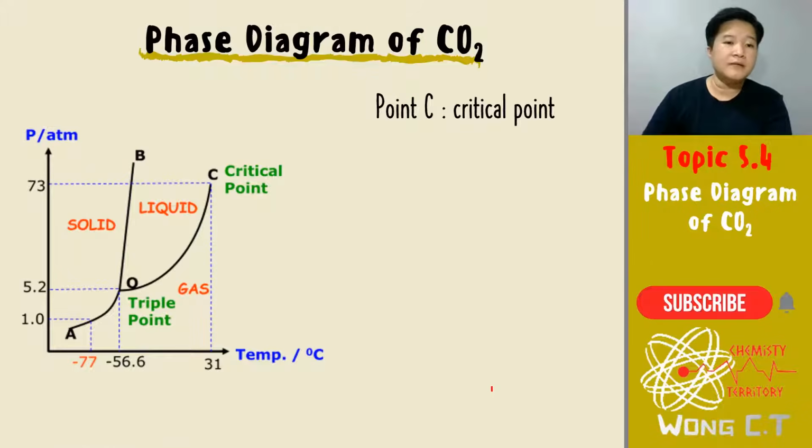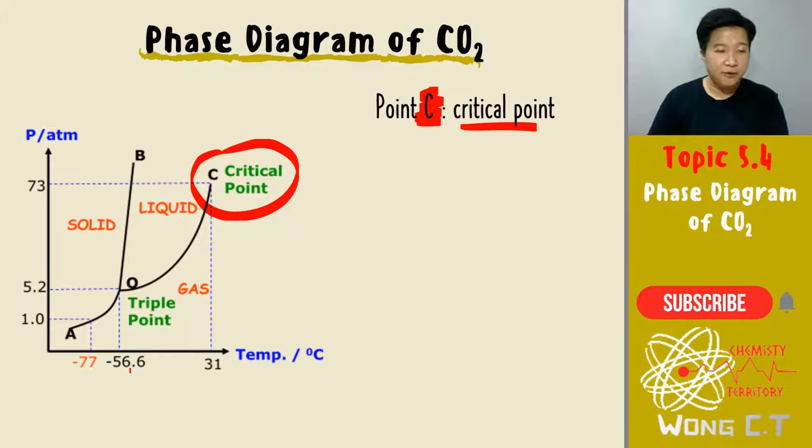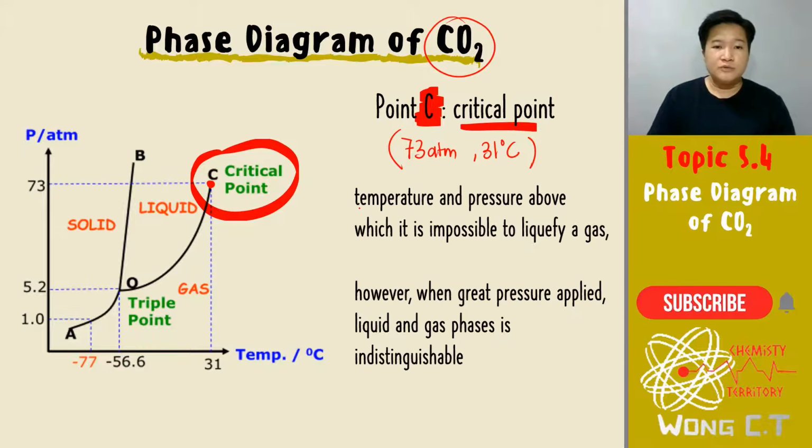So let's explain in more detail about your point C, critical point. Point C, I mean, is this one. So from here, we know that the critical point of carbon dioxide is 73 atm and also 31 degrees Celsius. That is our critical point for carbon dioxide. So that is the temperature and pressure above which it is impossible to liquefy a gas.